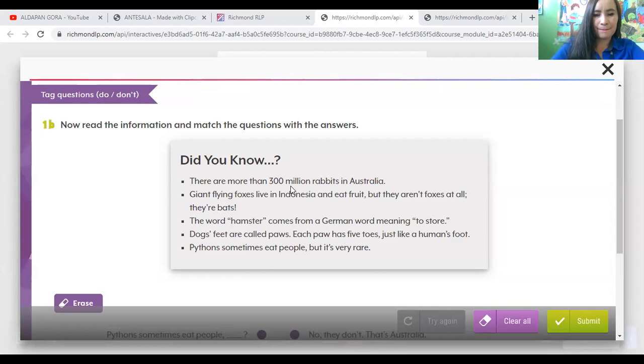In Australia, flying foxes live and eat fruit, but they aren't foxes at all. They are bats. The word hamster comes from a German word meaning to store. Dogs' feet are called paws. Pythons sometimes eat people, but it's very rare.